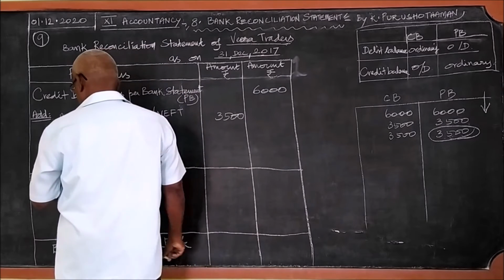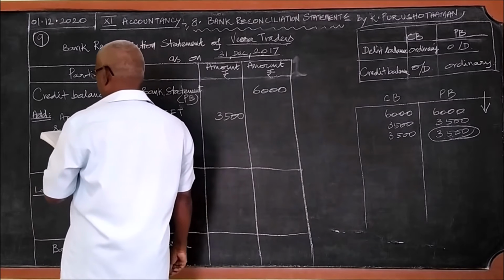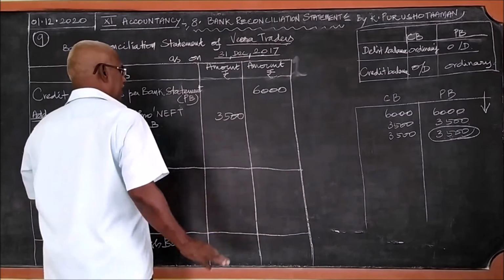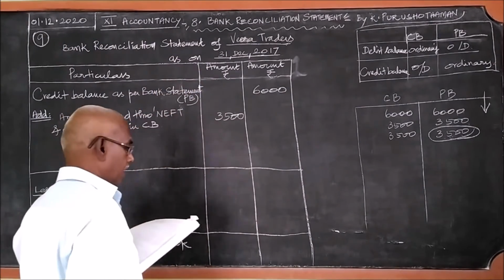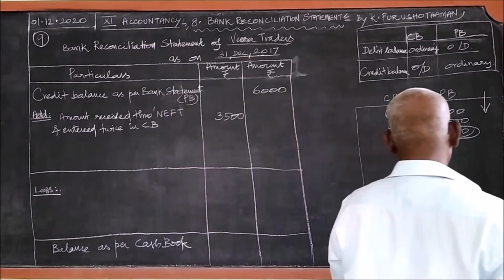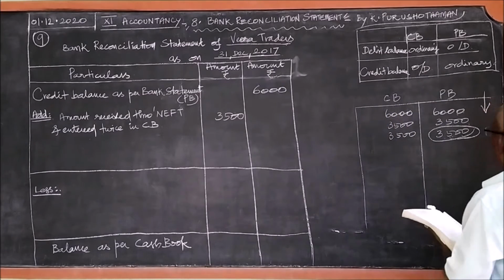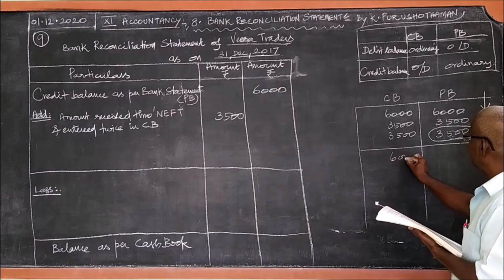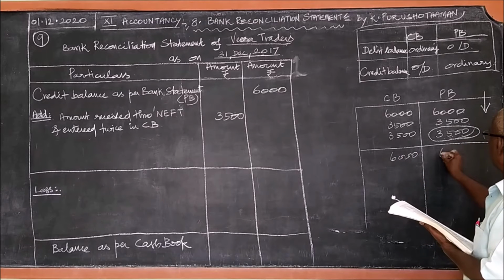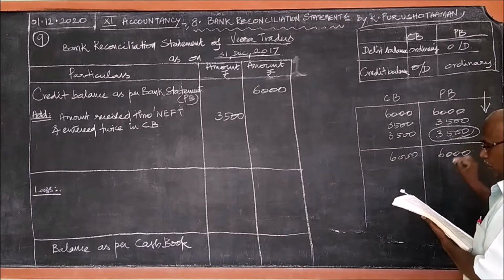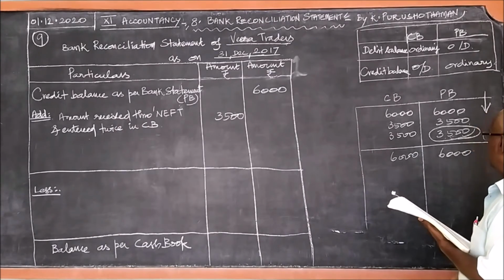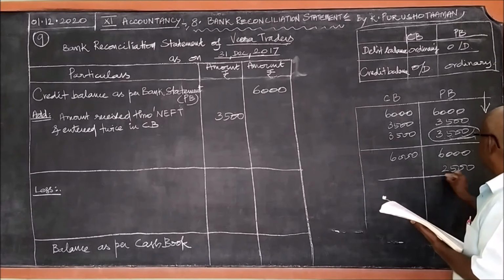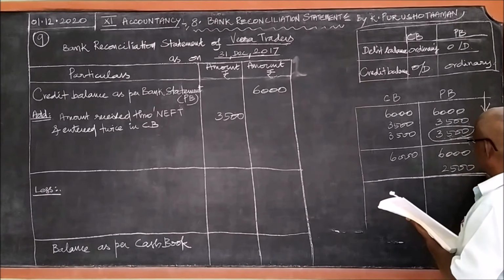1,500. Then the next point, check discounted amounting to 2,500 not entered in the cash book. Check discounted amounting to rupees 2,500. The balance in the cash book 6,000. In the passbook also it is 6,000. The check for an amount of 2,500 is discounted.